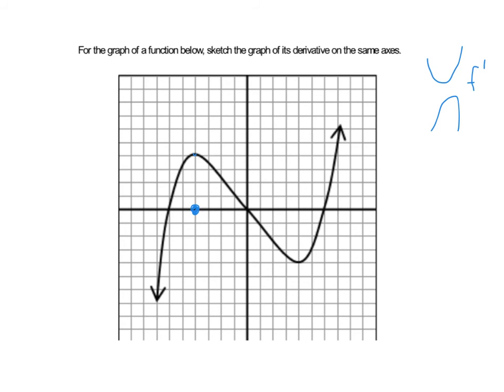And then as it's decreasing, it will be below, and then here it will be on, and then after this it will be increasing again. So we draw it in. It's going to be above the x-axis until it gets to here. From here to here it is below, and from here on it's up. And that's my derivative graph.